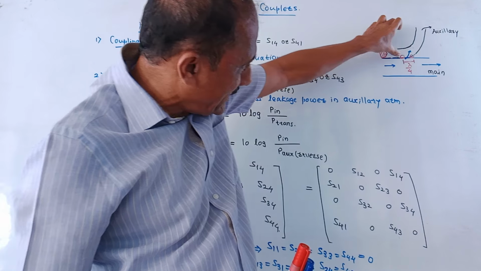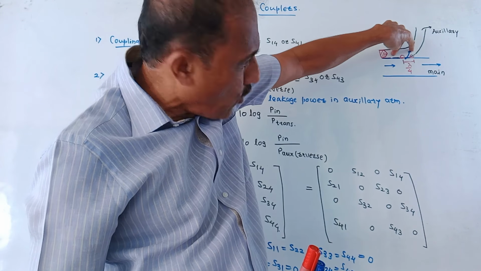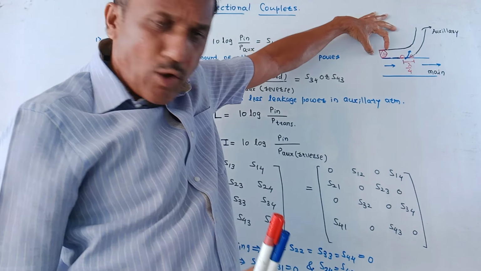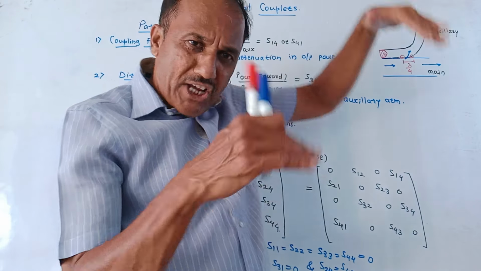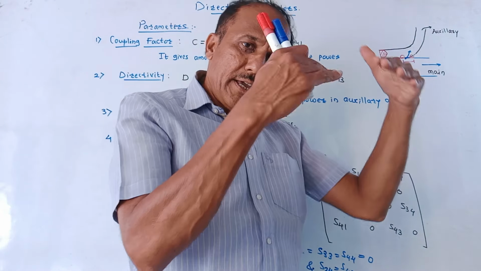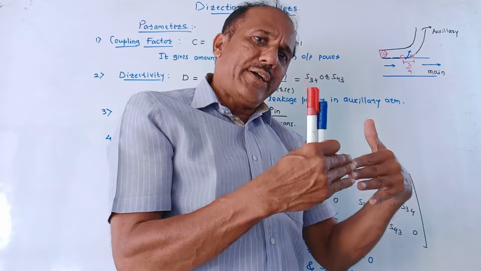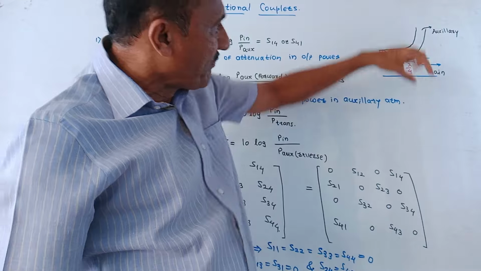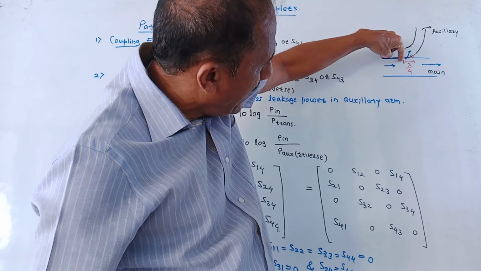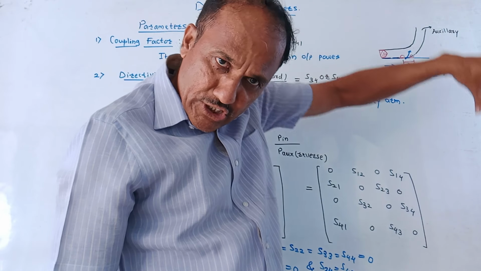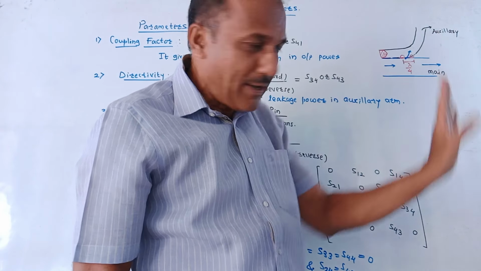So auxiliary waveguide is bent like this and two holes are created. One end of the auxiliary waveguide is terminated in a matched load just to avoid the effect of reflected power. Then these two holes are lambda by 4 apart. That means distance between the two holes is lambda by 4.